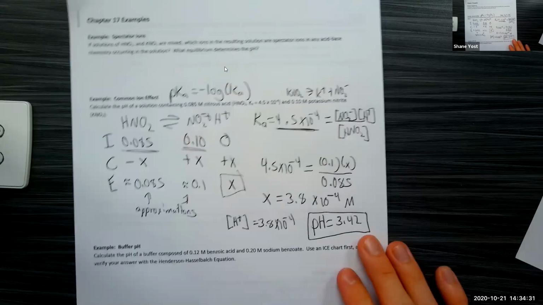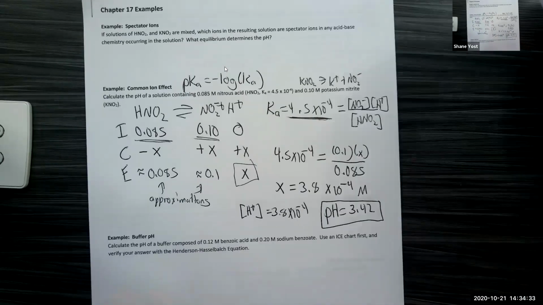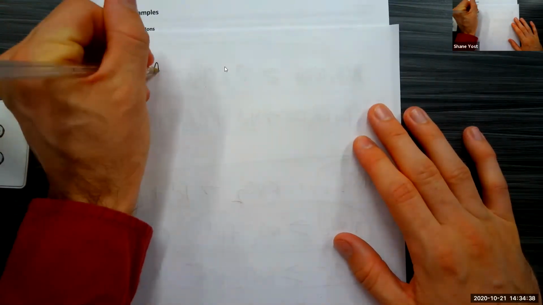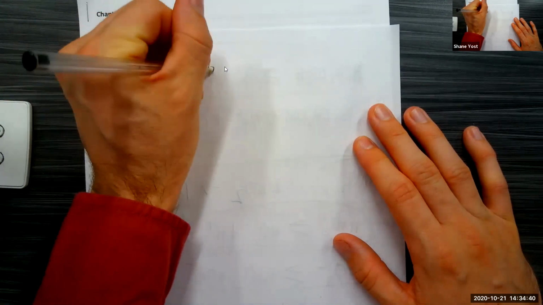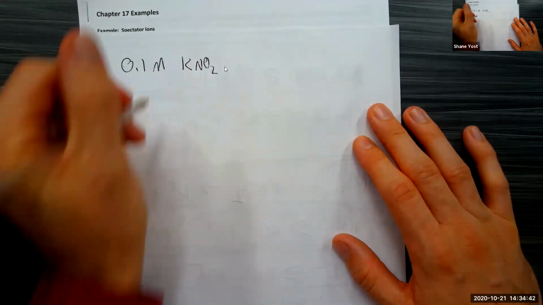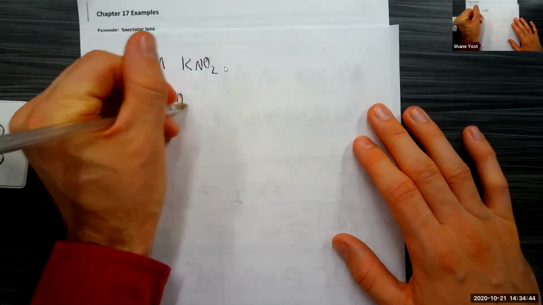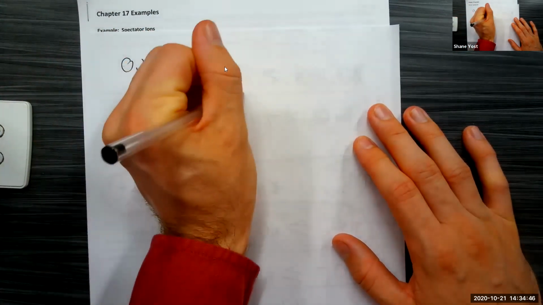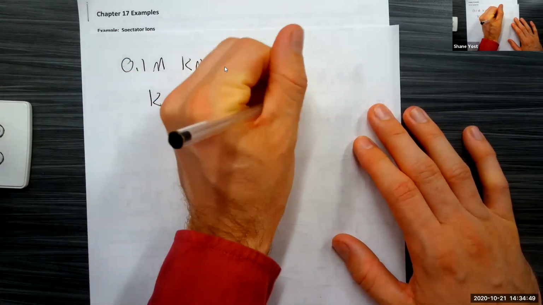So I knew in the problem, I put in solution 0.1 molar KNO2, right? And I know that in solution, KNO2 is a strong electrolyte, which means it's going to form K plus and NO2 minus.